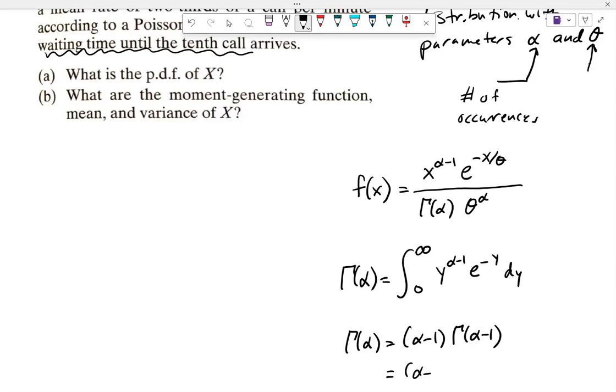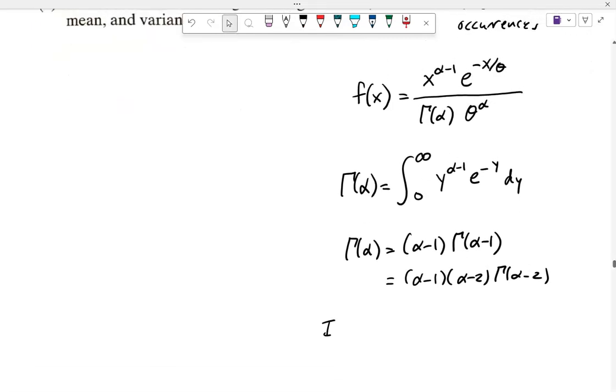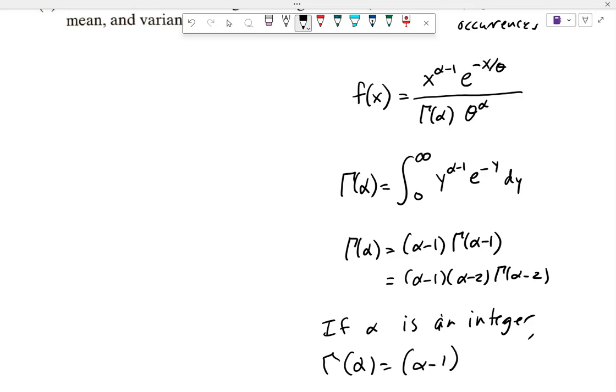I'll write in the next one. This would be alpha minus 1 times alpha minus 2, gamma of alpha minus 2. It also reminds you of a factorial, right? And that's actually true. If alpha is an integer, then gamma of alpha is alpha minus 1 factorial.